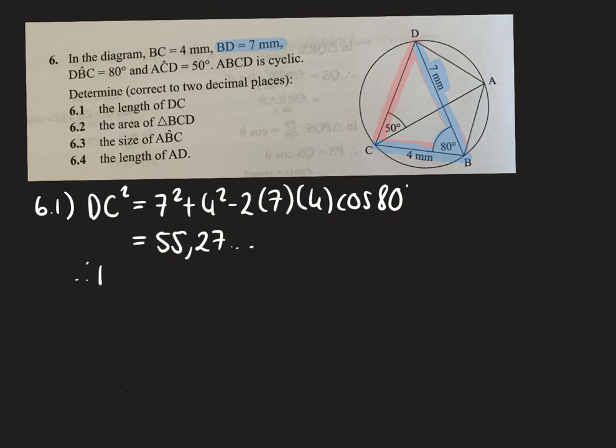But we don't want DC squared, everybody. We want DC. So what are we going to do? We're going to square root, and that is going to give me 7.43 millimeters. Fantastic.